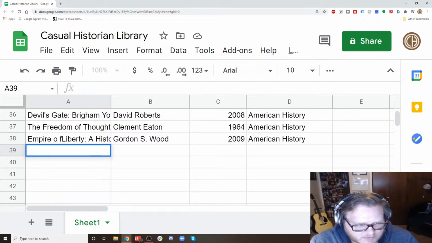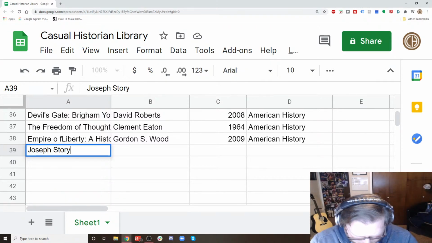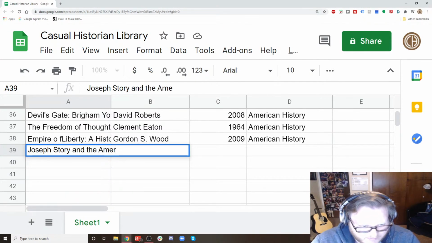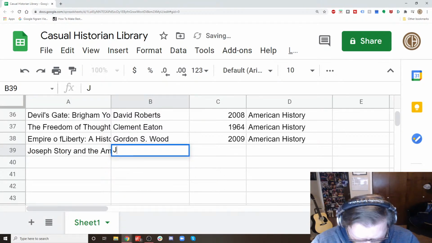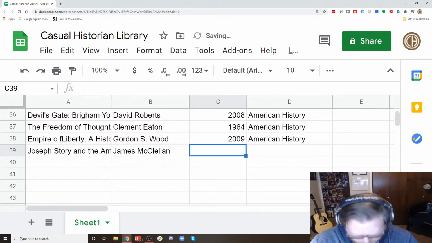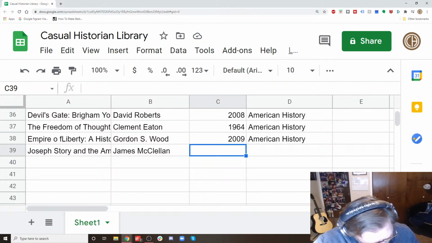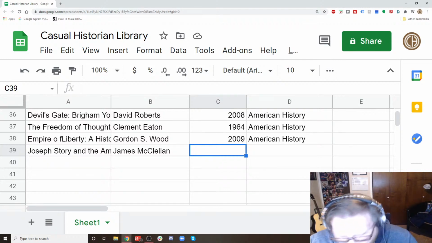All right. Joseph Story and the American Constitution by James McClellan, published in 1971.